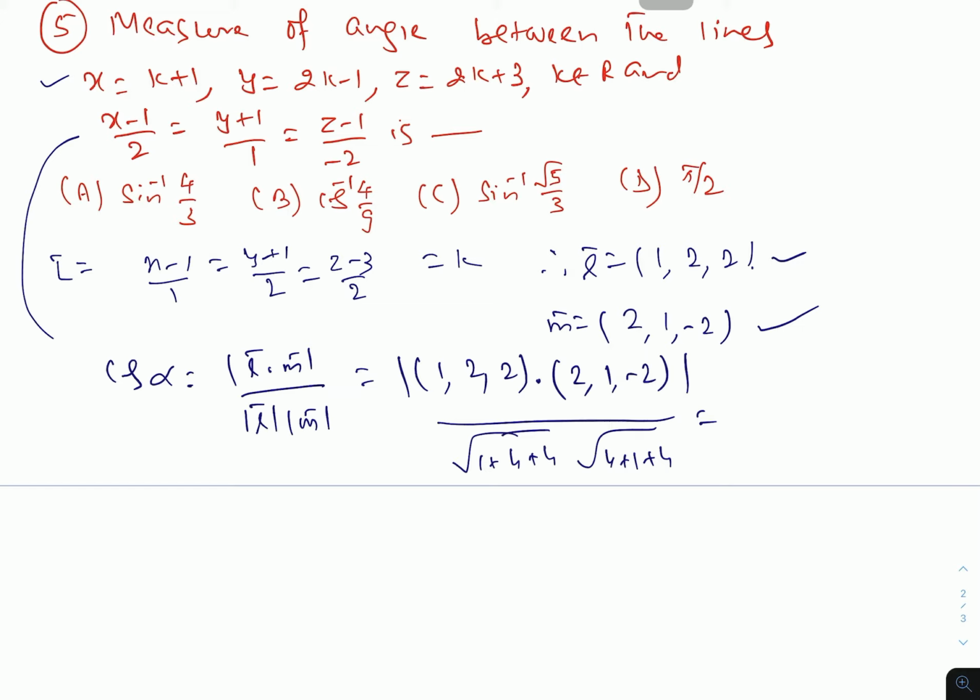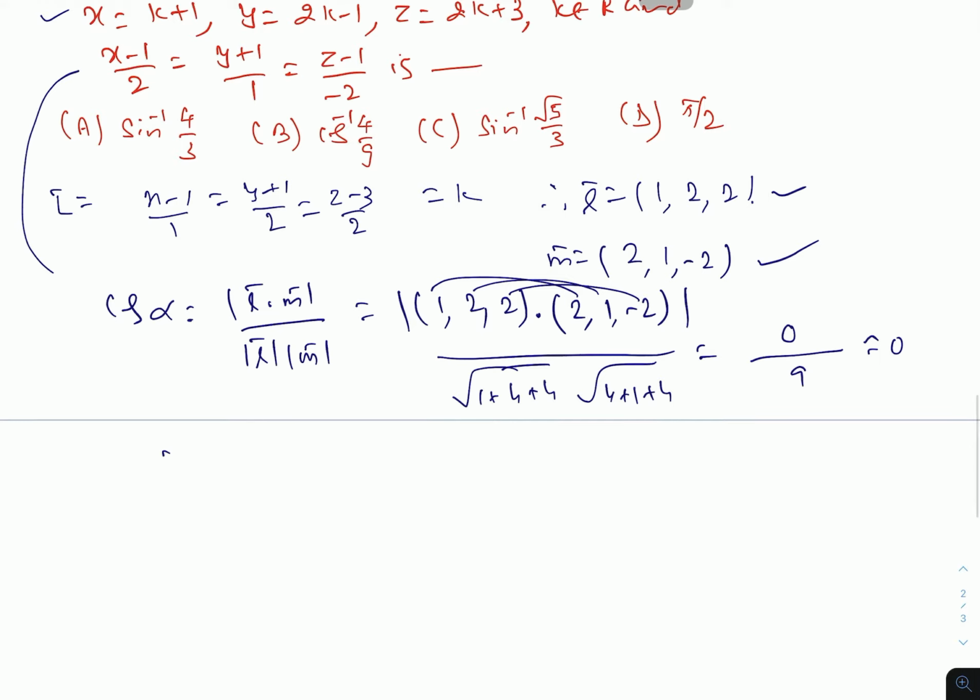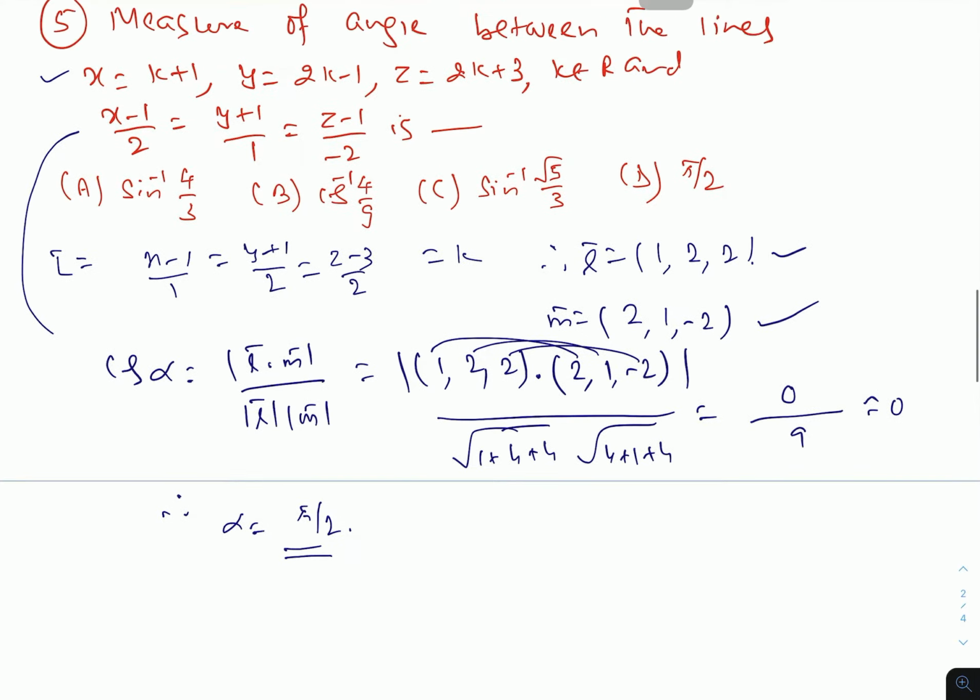So this is 3 and this is also 3, so this is 9, then this is 2, again 2, 4 and minus 4, so that is 0. So cosine alpha is 0, and therefore alpha equal to pi by 2. So these two lines are perpendicular. So answer is option D.